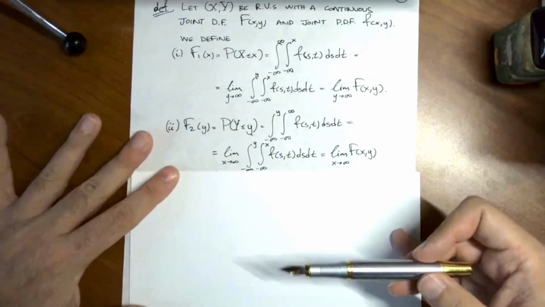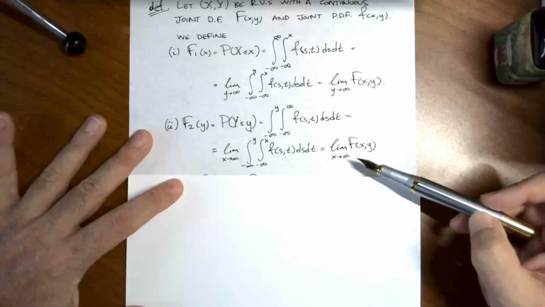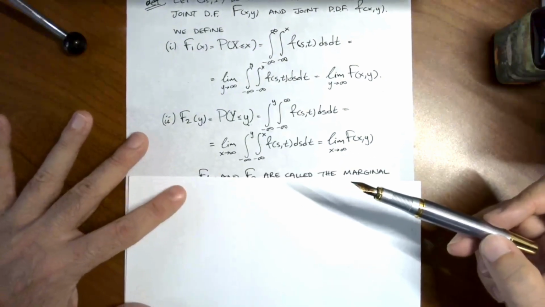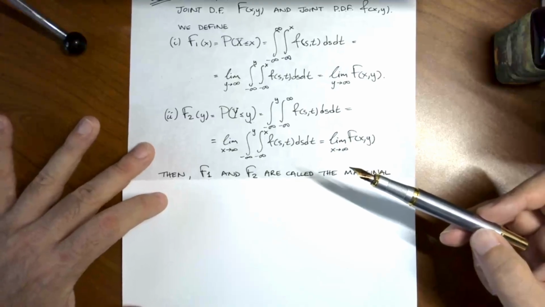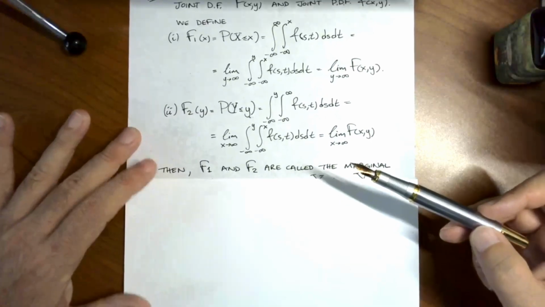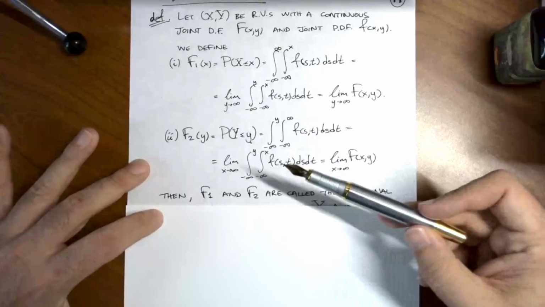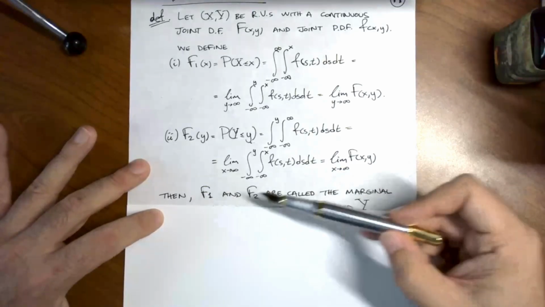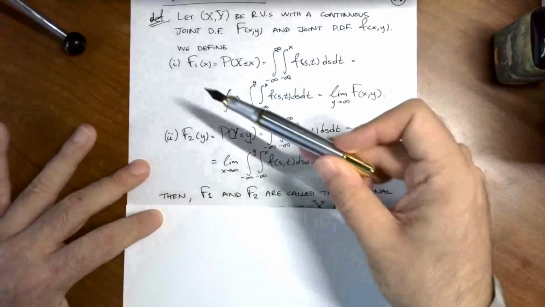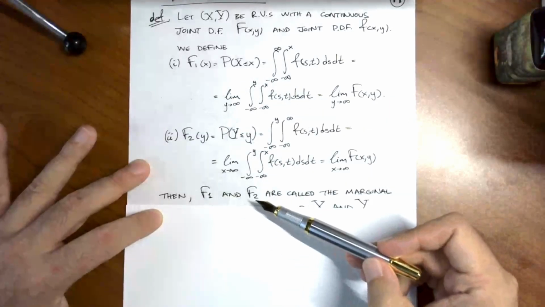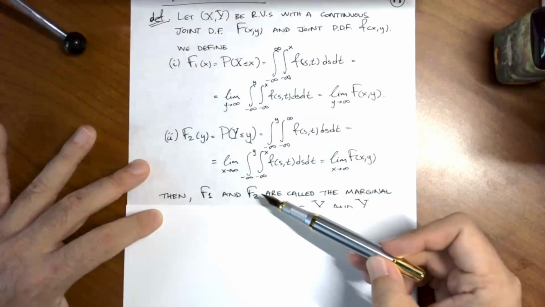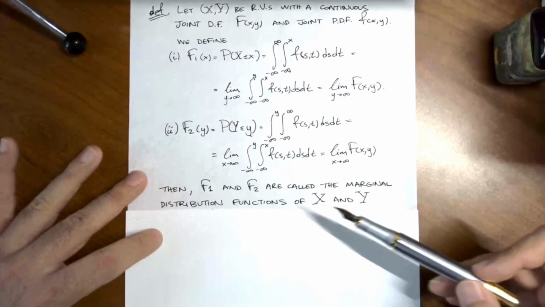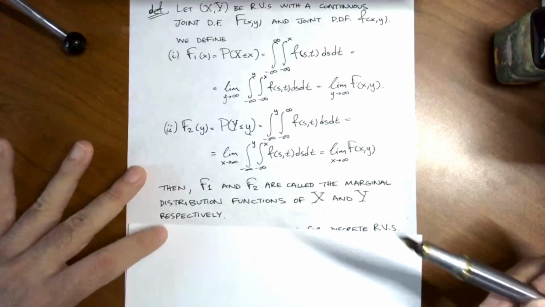Similarly, you can use the limits concept to arrive at a calculation for this distribution function. We're going to see what this is more practically as we move forward. Once you define those two functions, F subscript 1 of x and F subscript 2 of y, a function of only y, they are called the marginal distribution functions of x and y respectively.